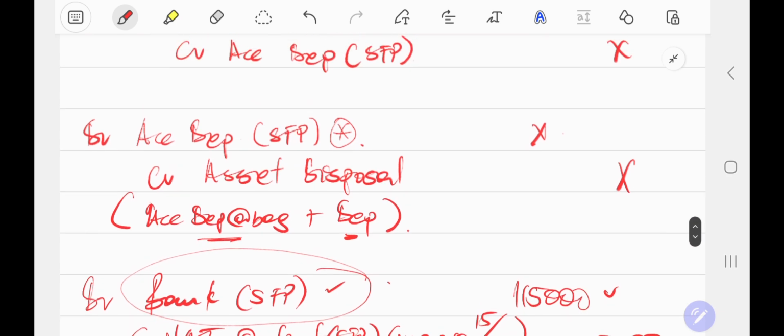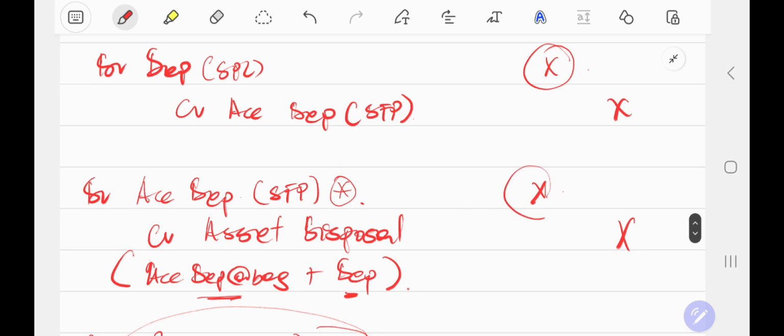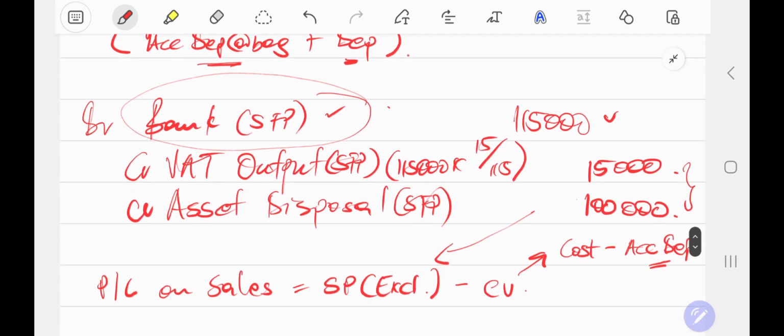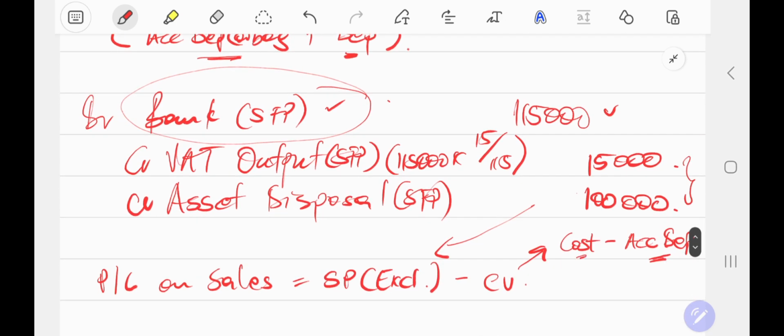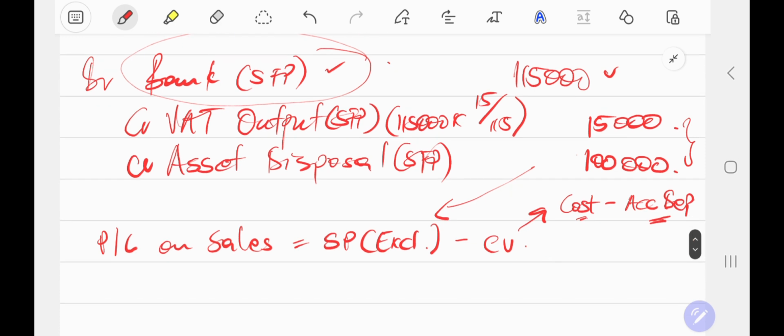Which accumulated depreciation? This accumulated depreciation that you calculated here. So you take the cost minus accumulated depreciation, and then you get the carrying value. So you'll say selling price minus carrying value, right? And then you get a positive or a negative answer. If you get a positive answer, it means that you made a profit. If you get a negative answer, it means that you made a loss, right?